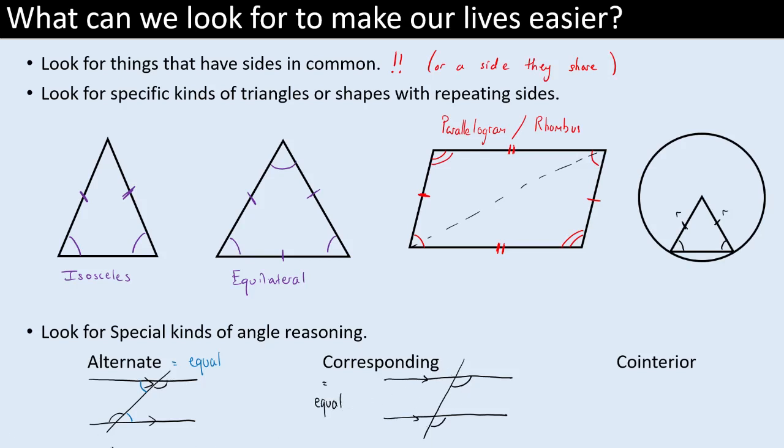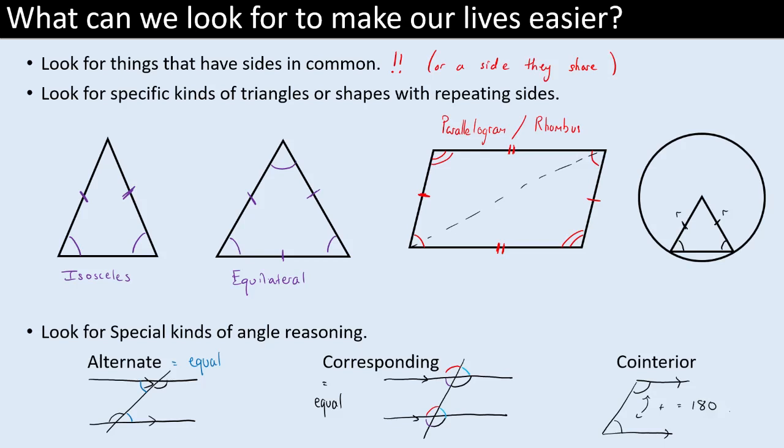So if you can match some of these angles up, things like any of these pairs of angles, you might be able to use that to then help you figure out some other angles to help you work out a problem. Those would be corresponding angles. And co-interior angles, if you imagine a corner of our parallelogram, these two angles should add up to 180. Okay?